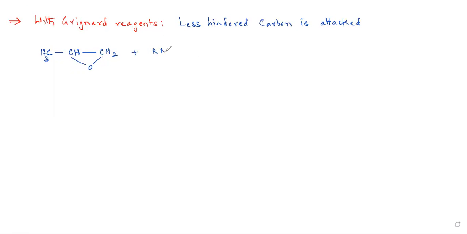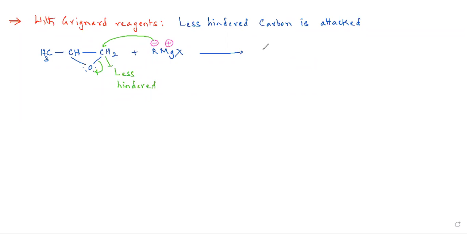When treated with the Grignard reagent, it is this. Now the attack is on this less hindered carbon or less crowded carbon. Immediately this goes here, and of course it gets a negative charge.